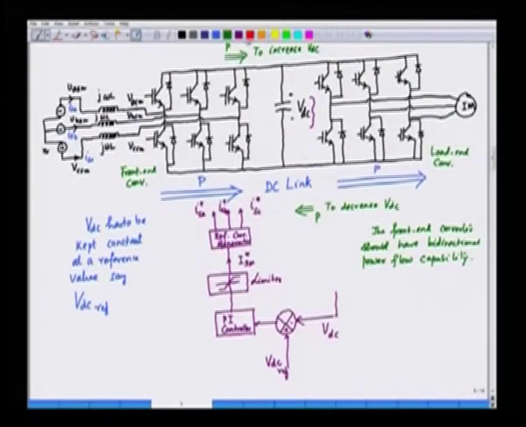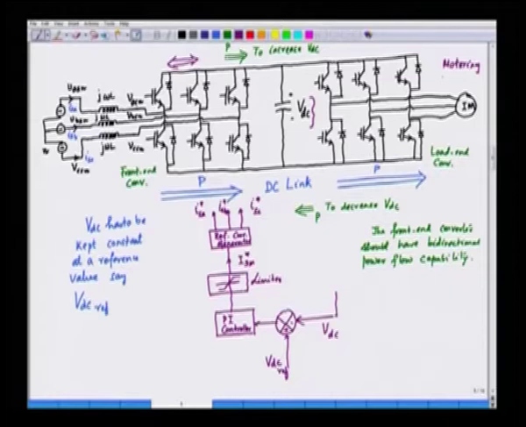So, we can say that the power flow can be bidirectional here, depending upon the situation, whether we want to increase VDC or decrease VDC, and whether the motor is operating under motoring region or braking region. In fact, we can go for motoring as well as for braking.